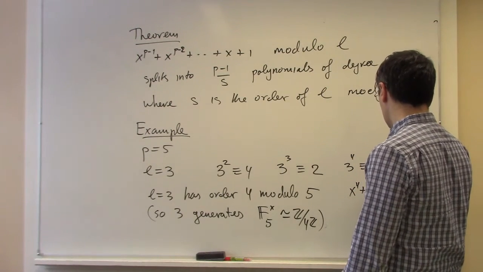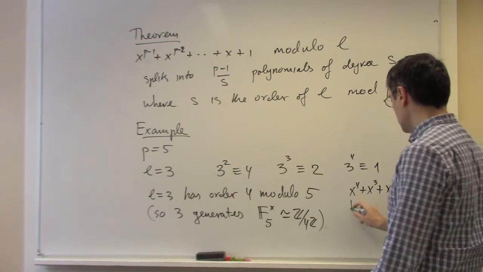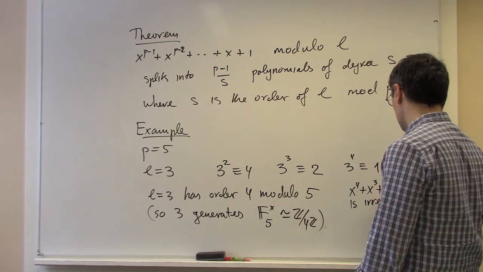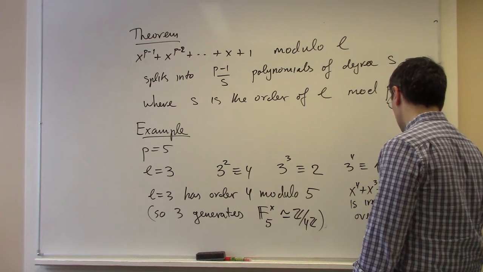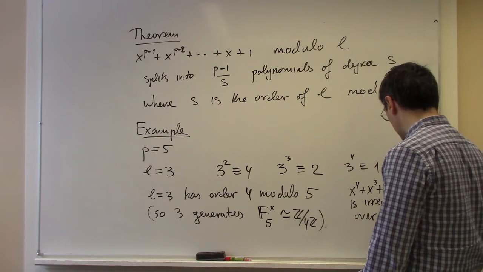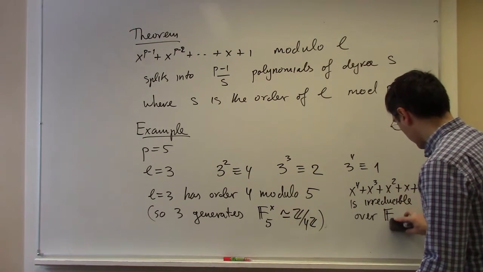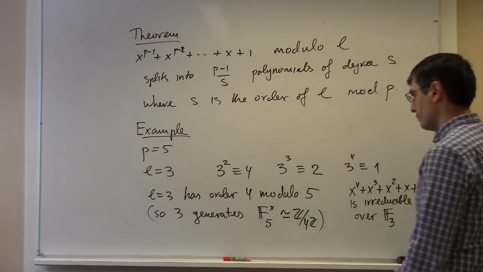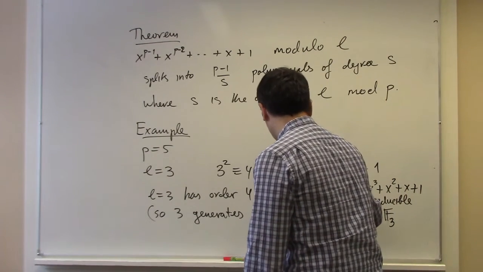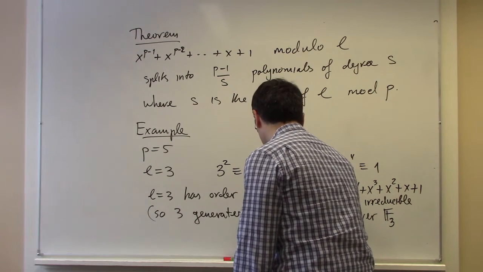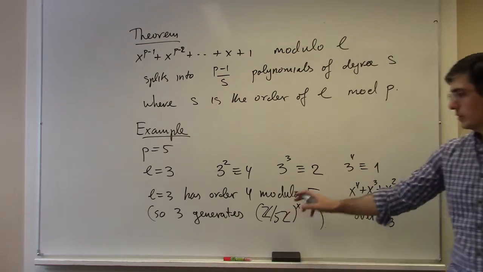This is a conclusion that you can check directly, it is irreducible over F3. Maybe I should write that 3 generates (Z mod 5Z)*, the multiplicative group of this ring.